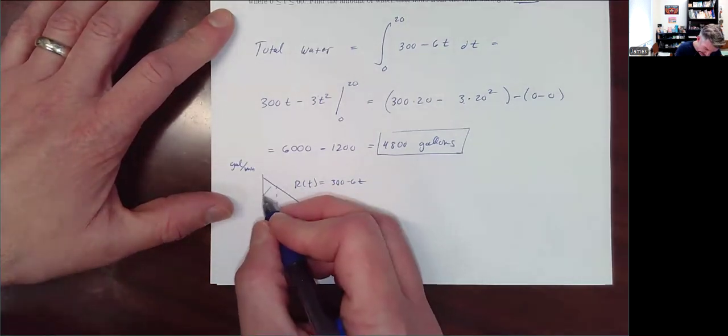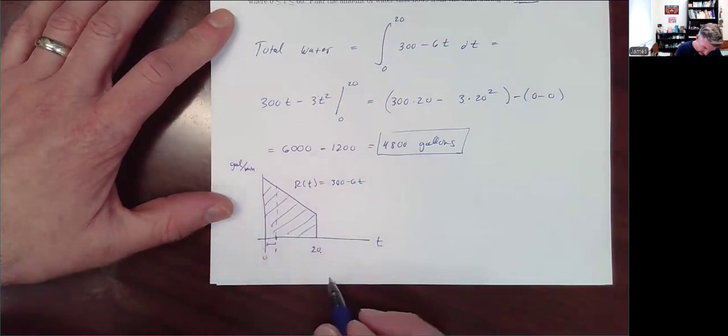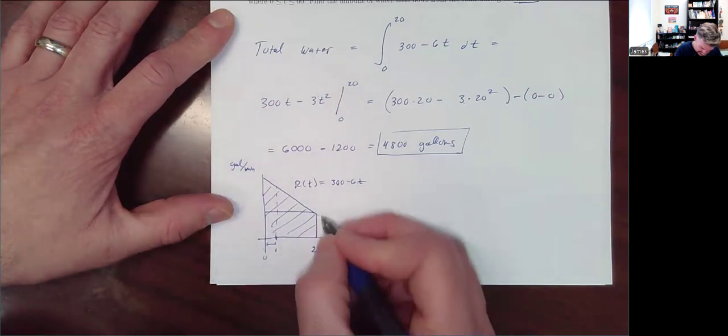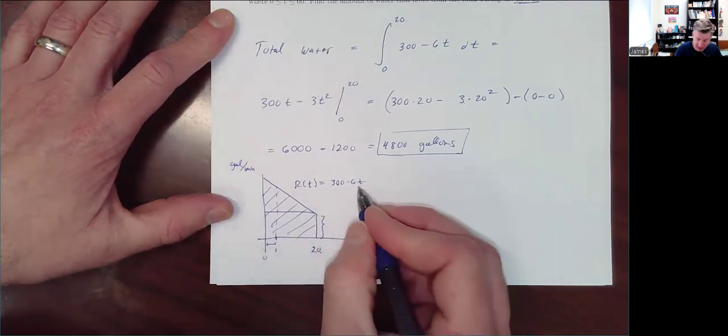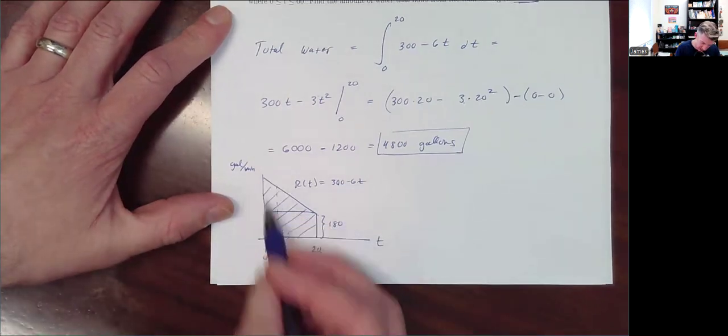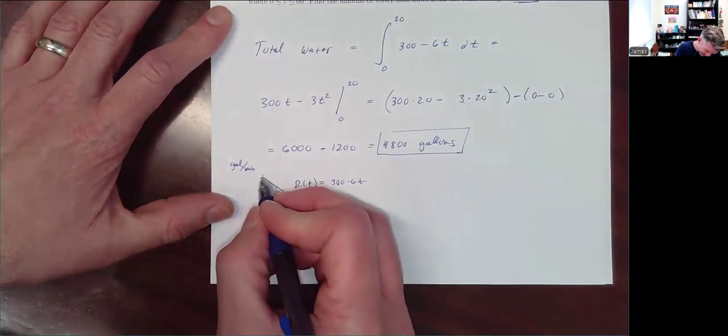And if you actually find that area, you can do it the same way. If you plug in 20, 300 minus 6 times 20 is 300 minus 120, which is 180. If you plug in 0, you get 300 right here.